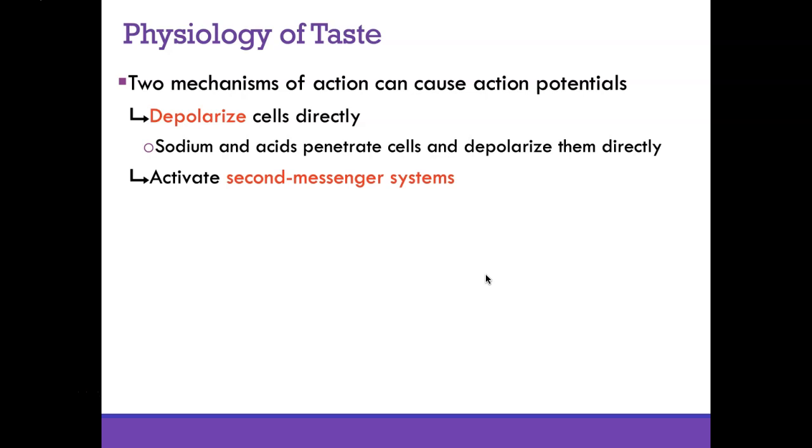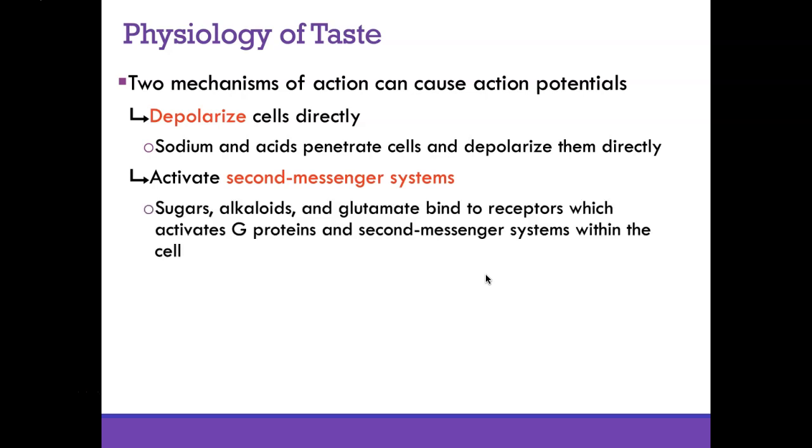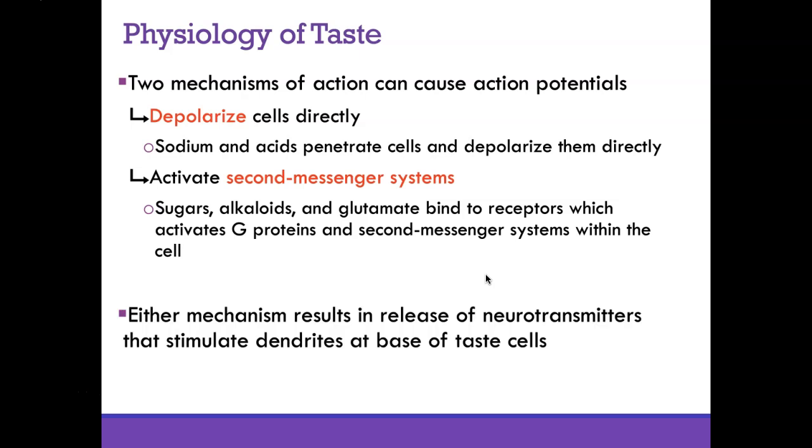Other molecules, like sweet molecules, bind to their certain receptor, which causes a second messenger system inside the cell to activate a neuron. So sugars and some bitter compounds bind to receptors that activate G proteins and cyclic AMP, which can then depolarize the cell and send a message to the brain by releasing neurotransmitters.